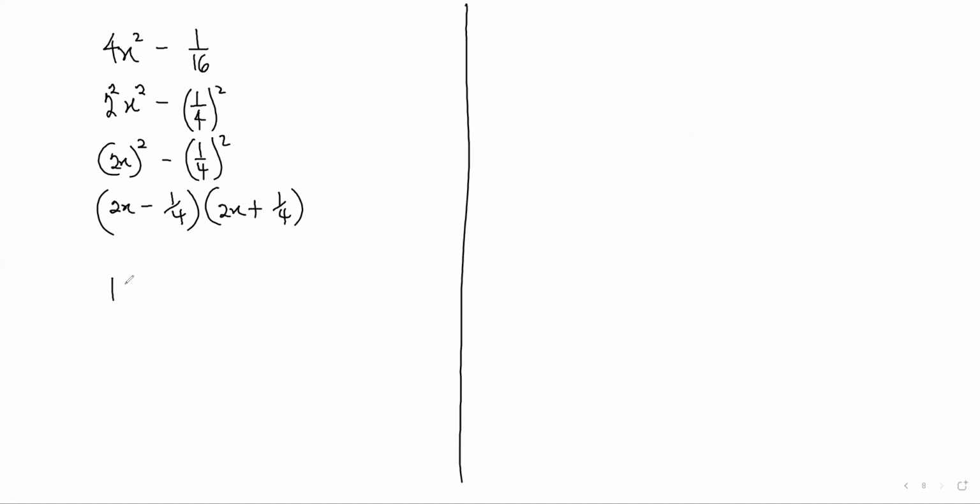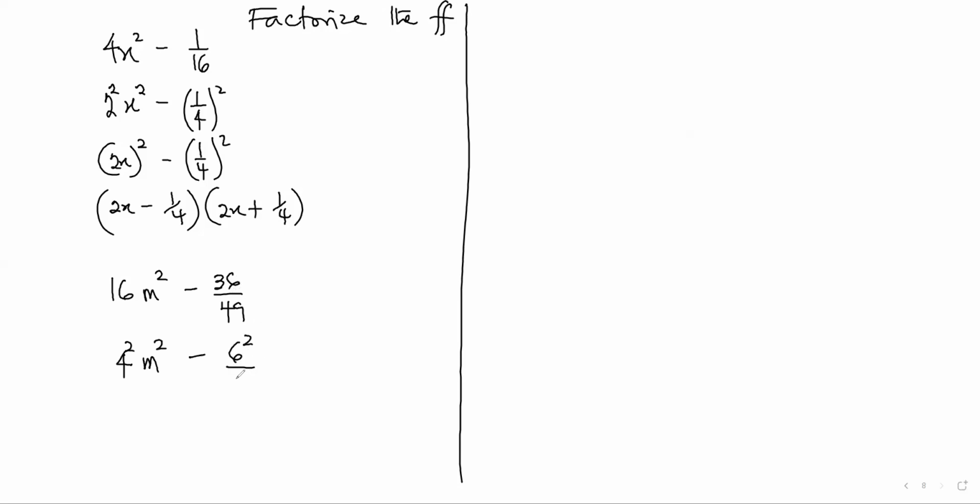What if I have to factorize the following? So you have 16m squared minus 36 over 49. Once again, this 16 can be written as 4 squared. 36 can be written as 6 squared.